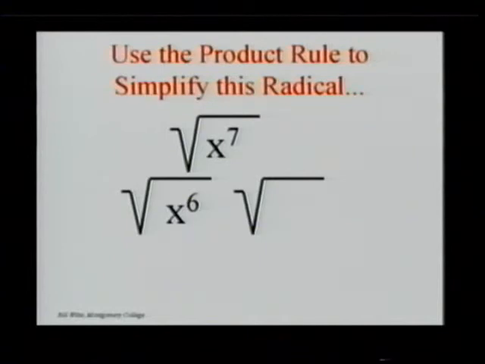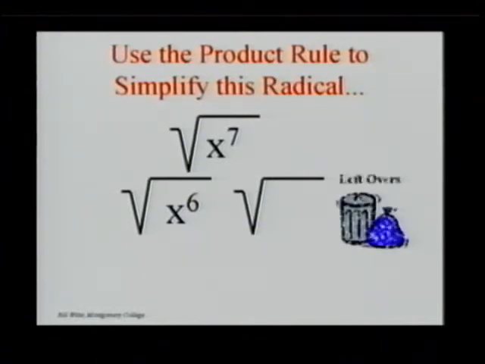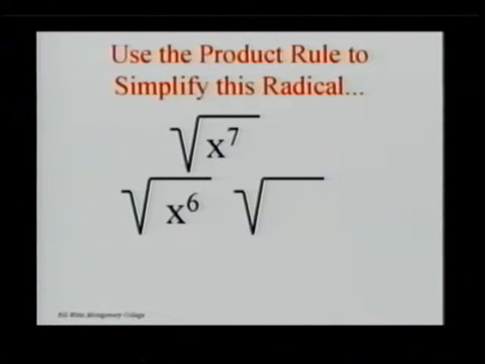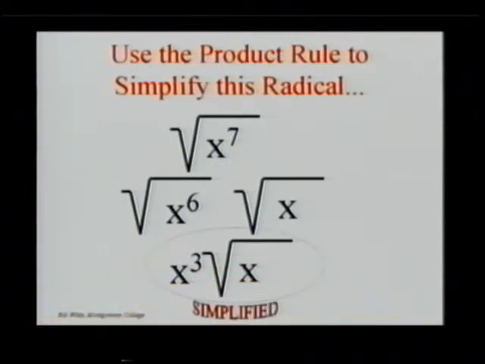And that leaves me with, when I divide x to the 6th into the x to the 7th and subtract exponents, x to the 1st, or x. Taking my perfect square root, I get x to the 3rd, and bring down my garbage. This radical is simplified.